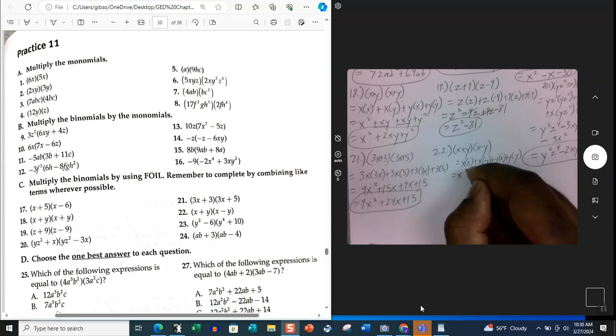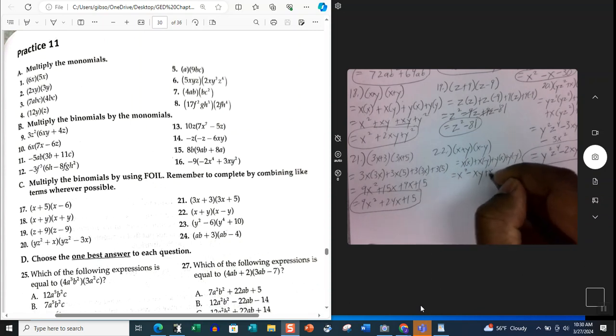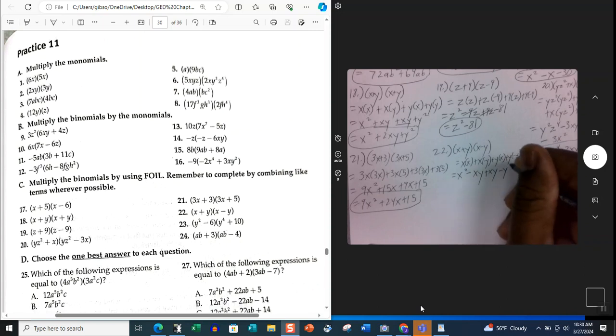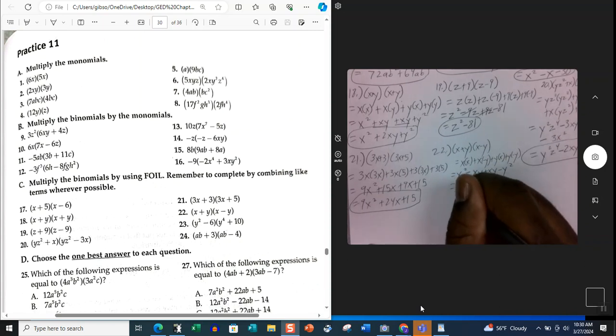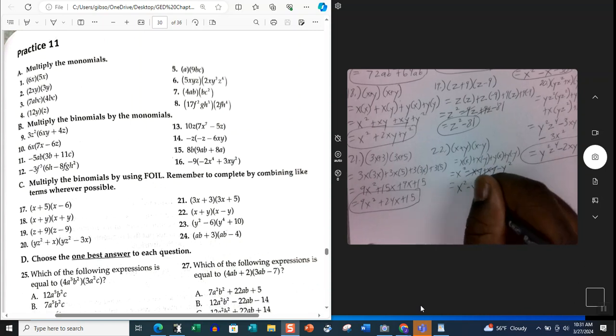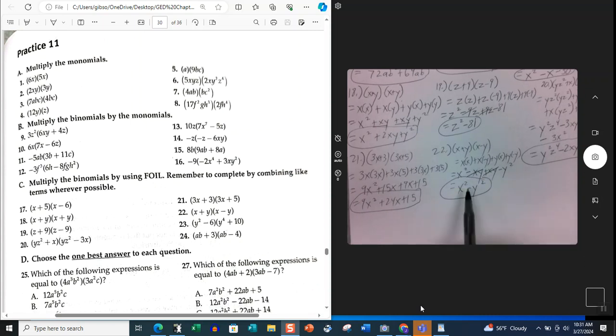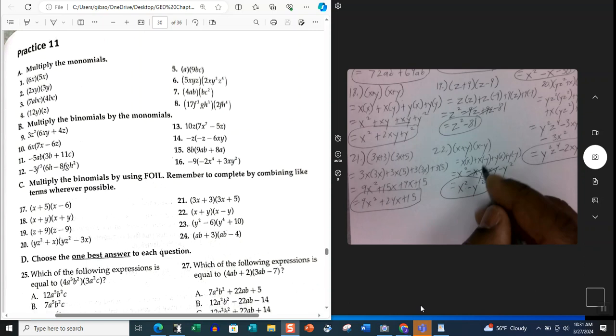So this will give us x squared minus xy plus xy minus y squared. So we have x squared minus xy, and positive xy will simplify out to 0, and we'll bring down our minus y squared. So it'll be x squared minus y squared.